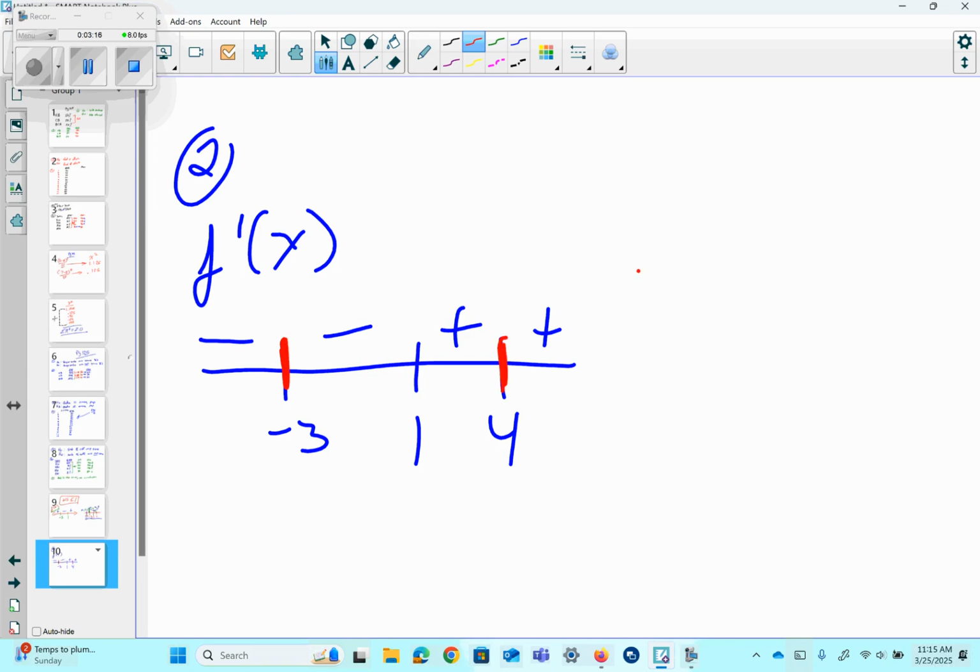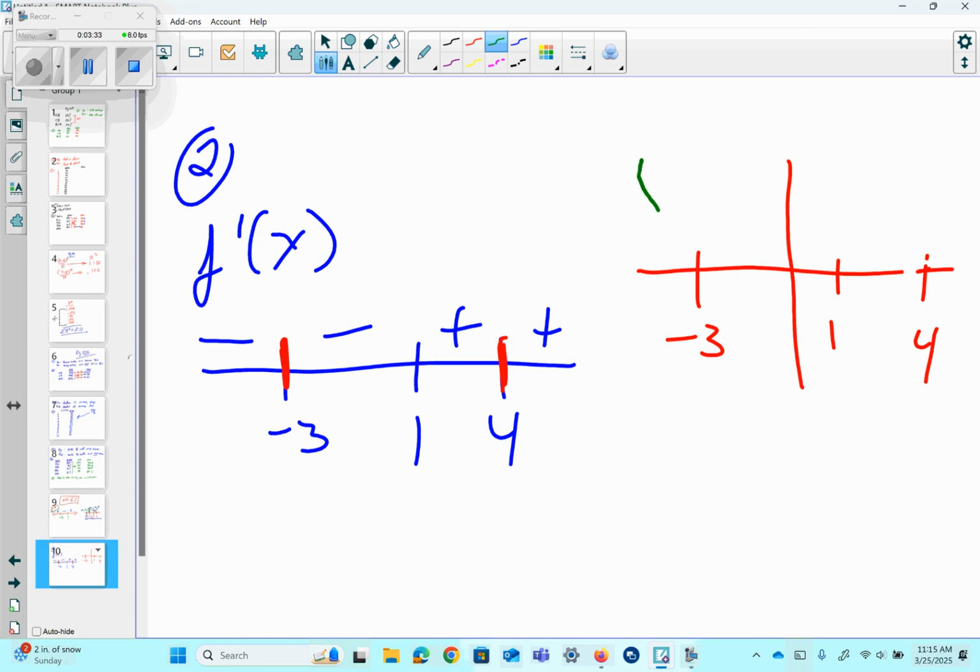So we were trying to make this graph the best we can, throw in the values that we know. Oops, that's a 4. Okay, so this means we would add something like this. So this and this are your points of inflection.